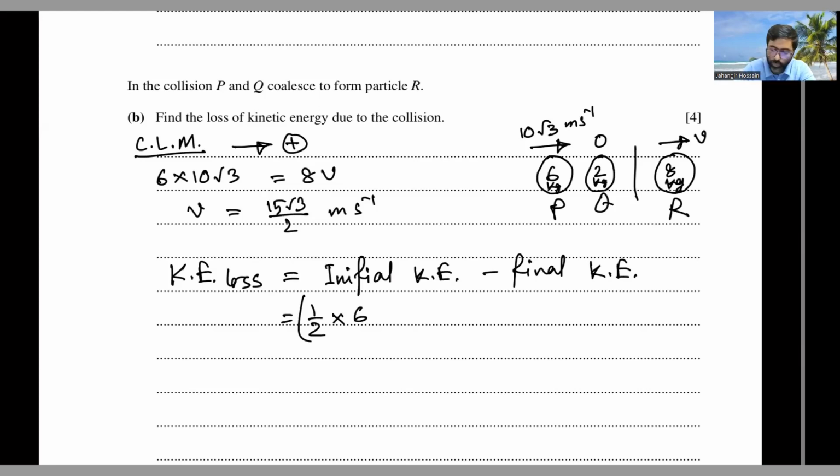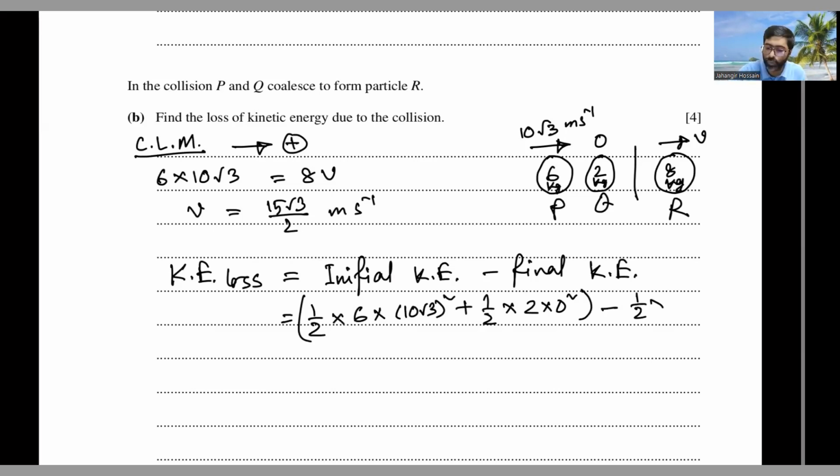We have two particles, so you have to combine the two, but the kinetic energy of Q is 0 since it is at rest just before the collision.